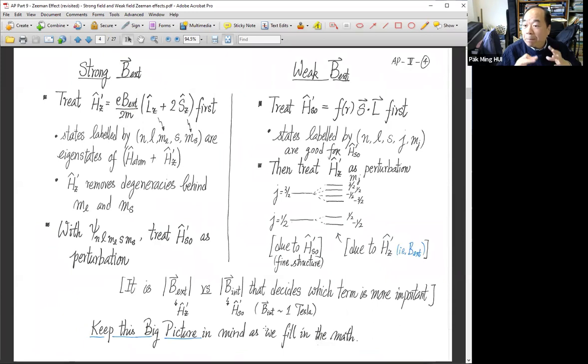This is a big picture way to think about the consequences. Strong field, we do the Zeeman thing first. We see the L_z operator and the S_z operator there.